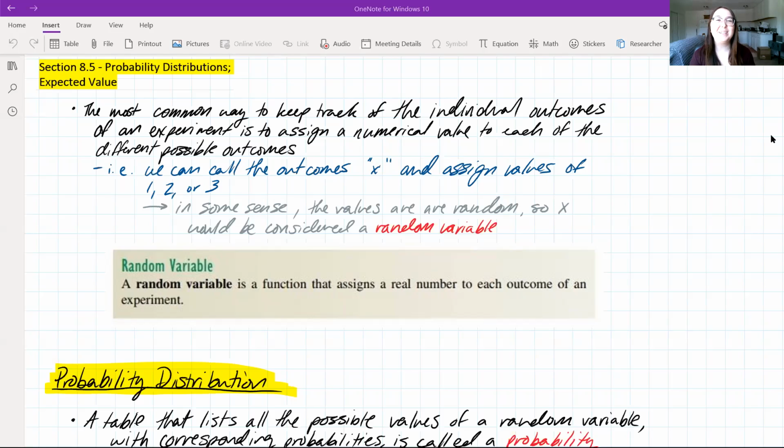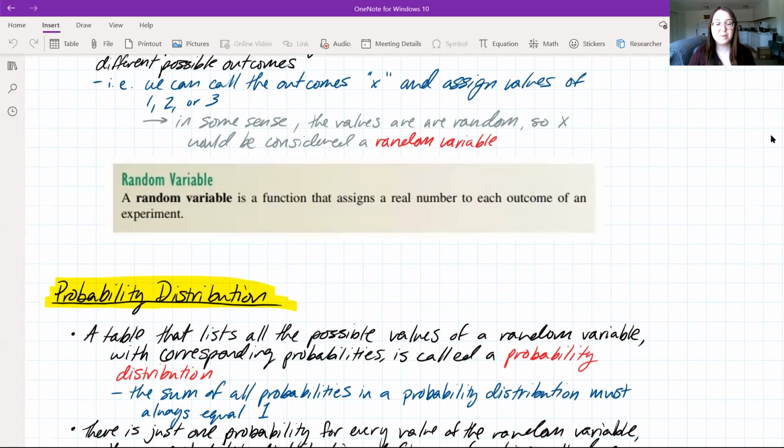We can never really know, so every time we have an outcome, we can assign it these different values, and then they're essentially going to be random since we don't really know. And so every time we do this, we just get different values of, in this example, 1, 2, or 3. And then once we combine all of these values, X would now be considered a random variable. So basically the accumulation of every single outcome that got assigned a value is now X.